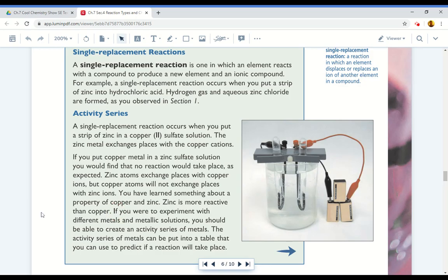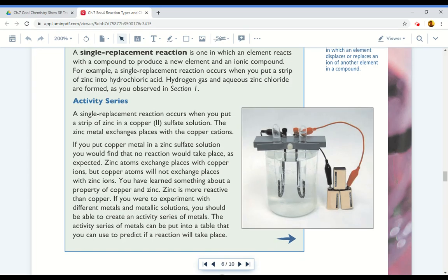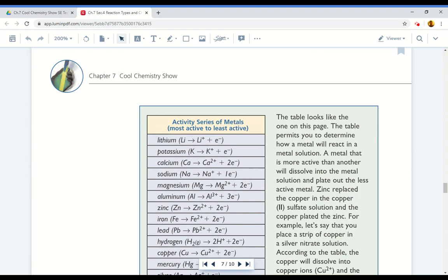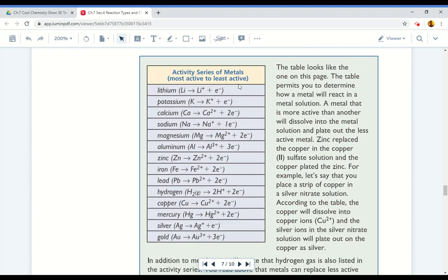If you were to experiment with different metals in metallic solutions, you should be able to create an activity series of metals. The activity series of metals can be put into a table that you can use to predict if a reaction will take place. The table looks like the one on this page.